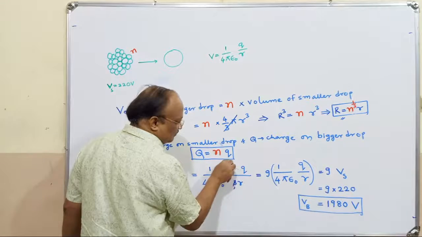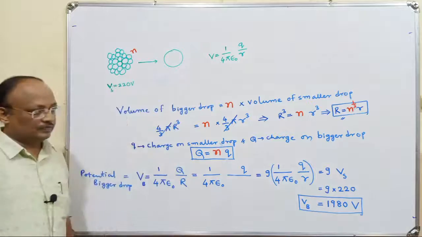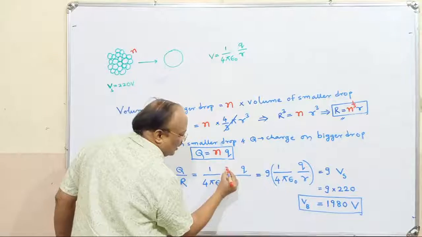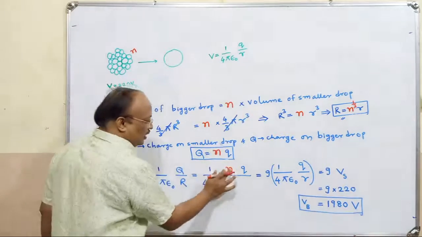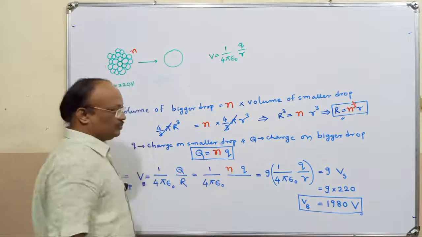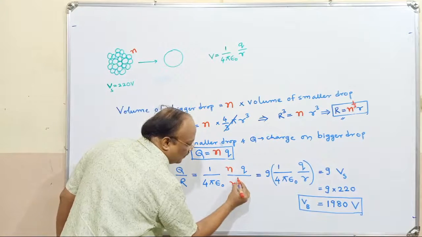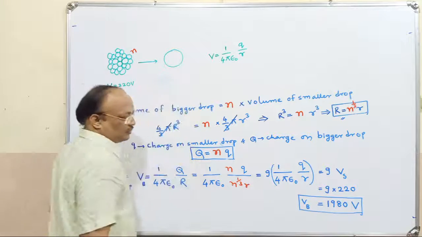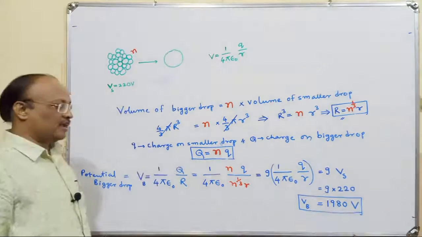So here, sorry, I have to substitute the value of q, it is n q. Whereas for r, I substitute n to the power of 1 by 3 times r.